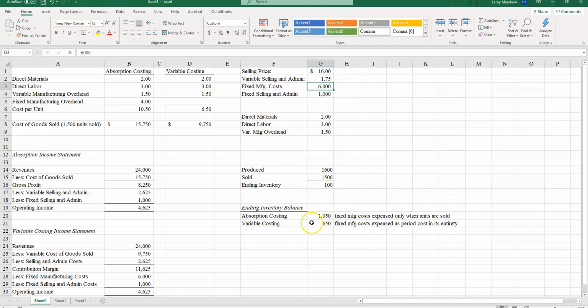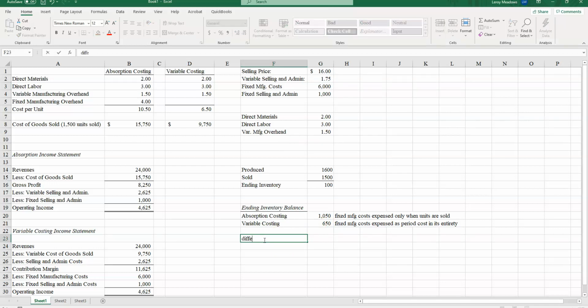It's just that under absorption costing and variable costing, my operating income is going to differ by the fixed manufacturing costs that are inventoried between the two methods. So my difference in ending inventory is what? $400.